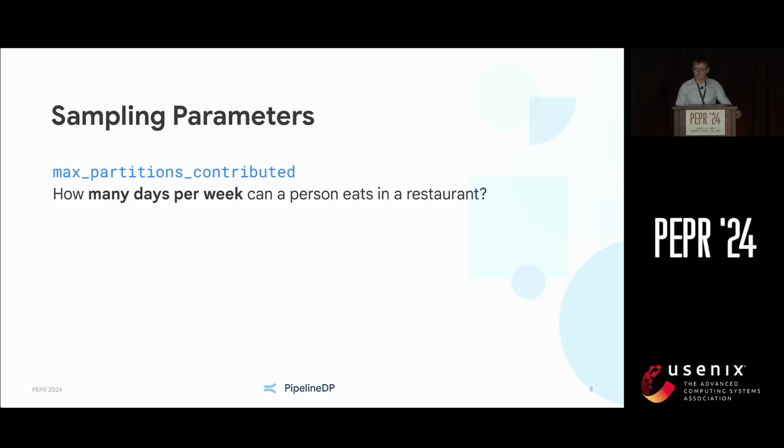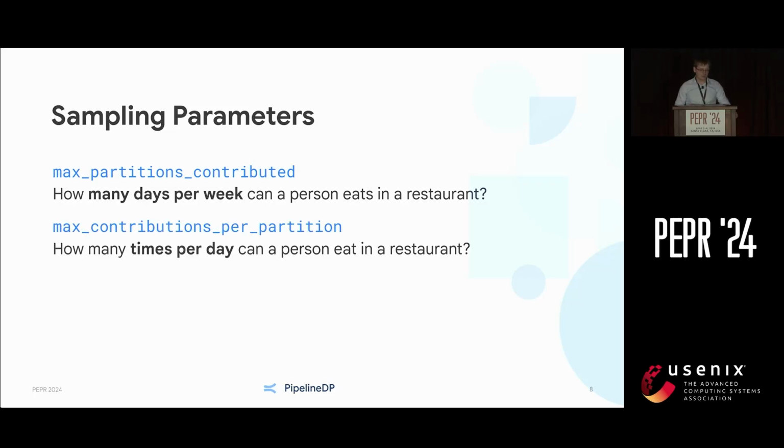It's controlled by 2 parameters. This is how it's called in PipelineDP: max partition contributed. In this case, in PipelineDP terminology, a partition is a day of week. So max partition contributed means how many days one person can go to a restaurant in our dataset.